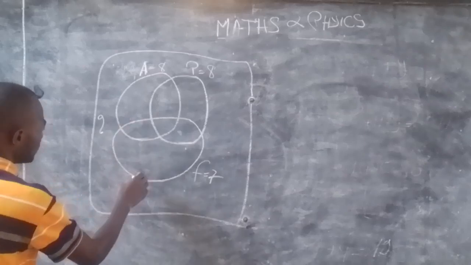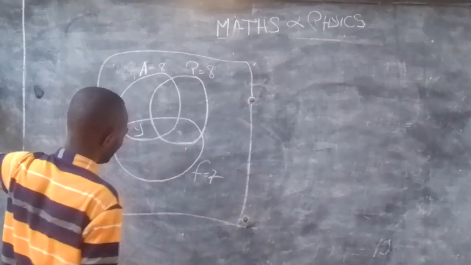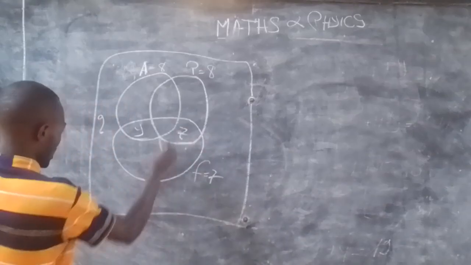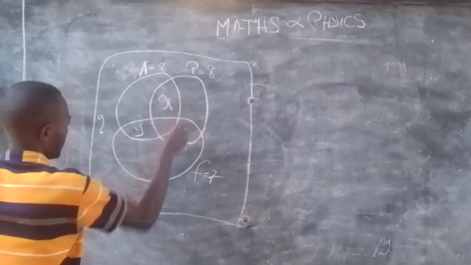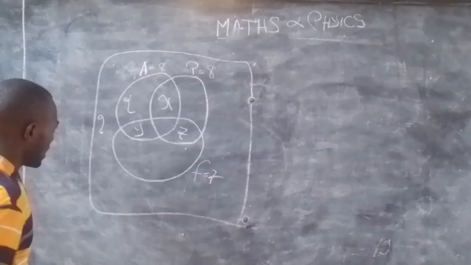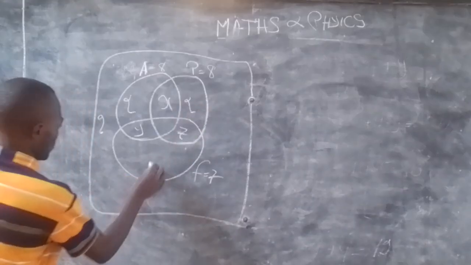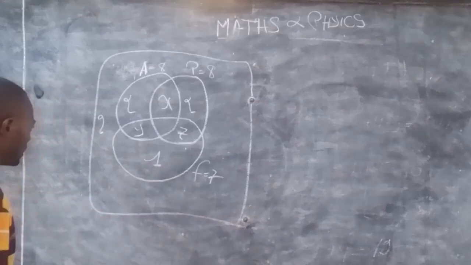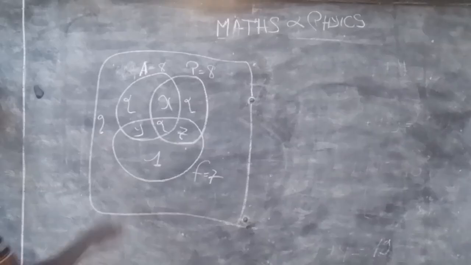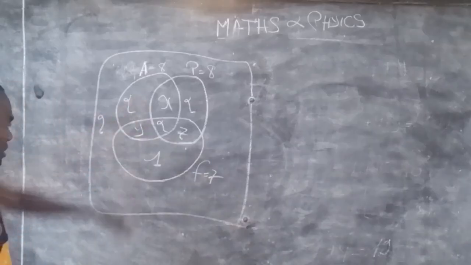So here we have y, here we have z, and also here we have x. And also here we have 2, and also here we have 2 again, 1 here, and 2 as the intersection for all three objects.